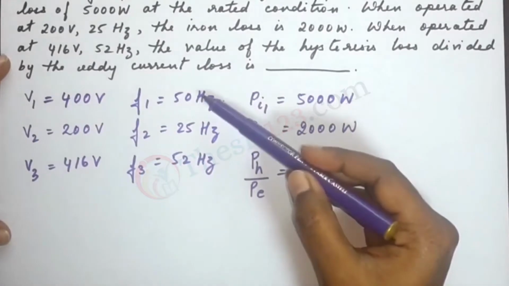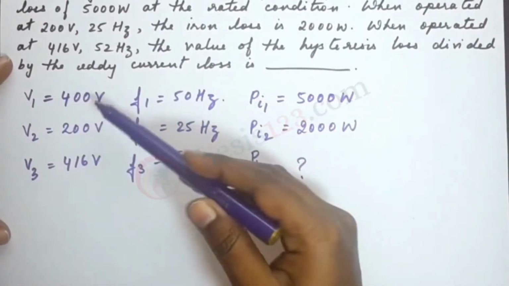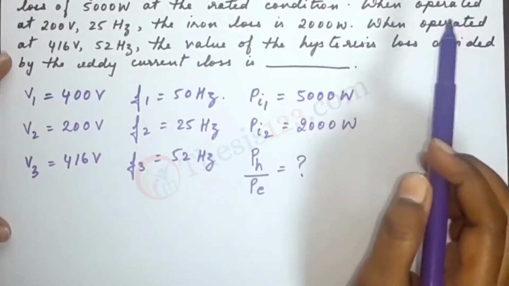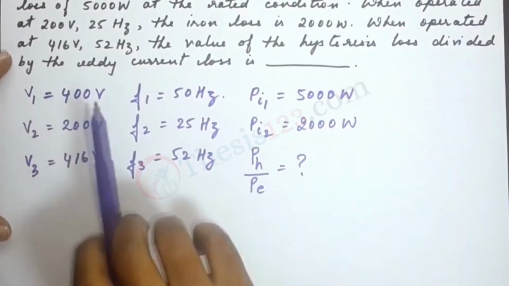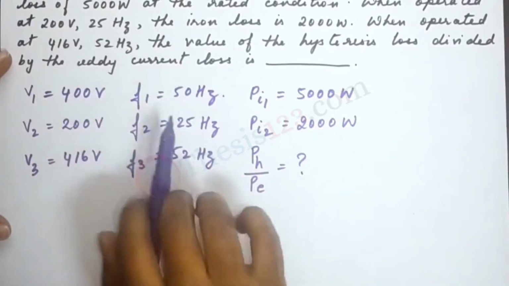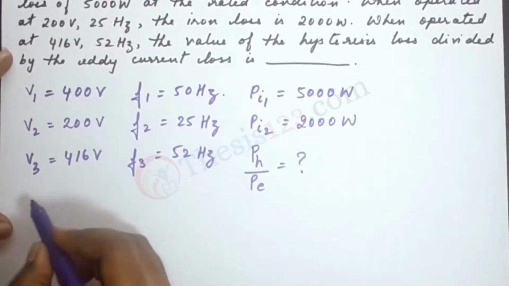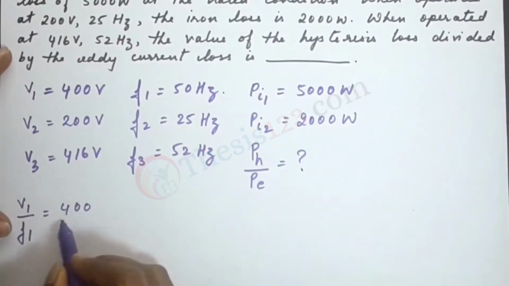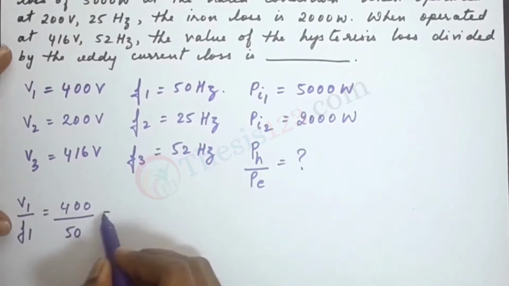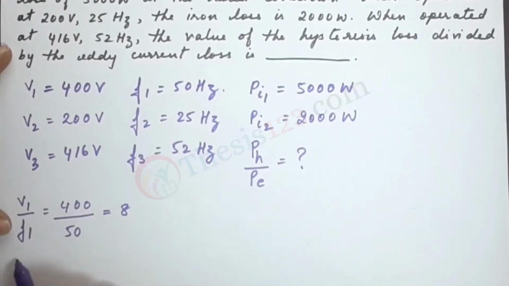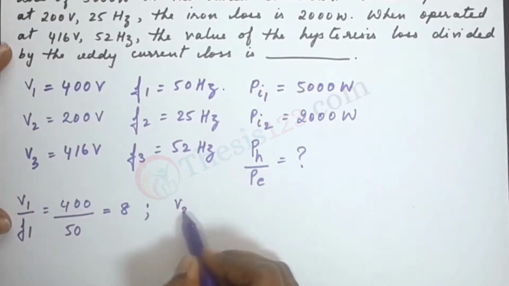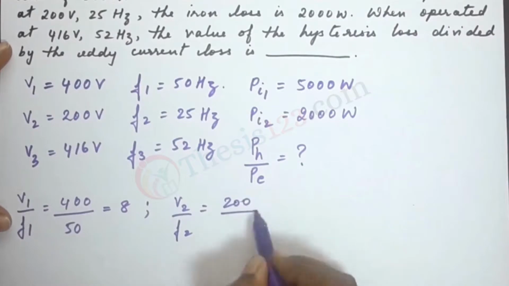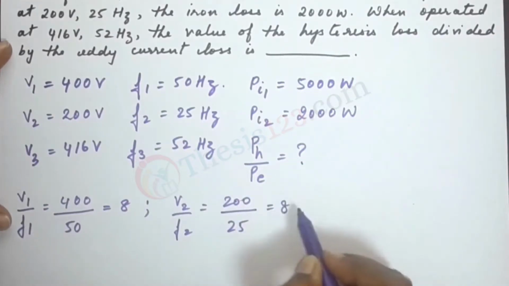Now if you notice, we have different values of frequency and different values of voltage. So for a transformer, you need to know that the ratio of V by F must be constant for the different cases. So let's check that. Now V1 by F1 is 400 divided by 50, which comes to 8. V2 by F2 is 200 divided by 25, which is also 8.